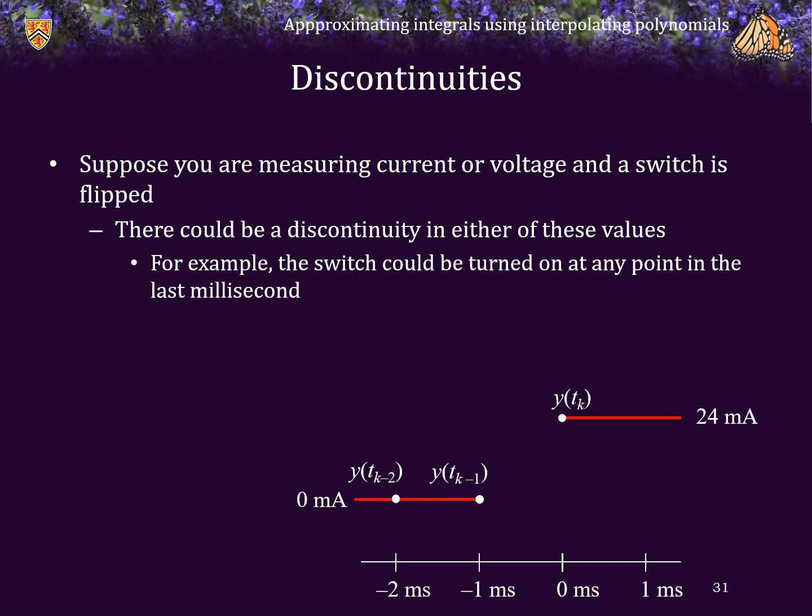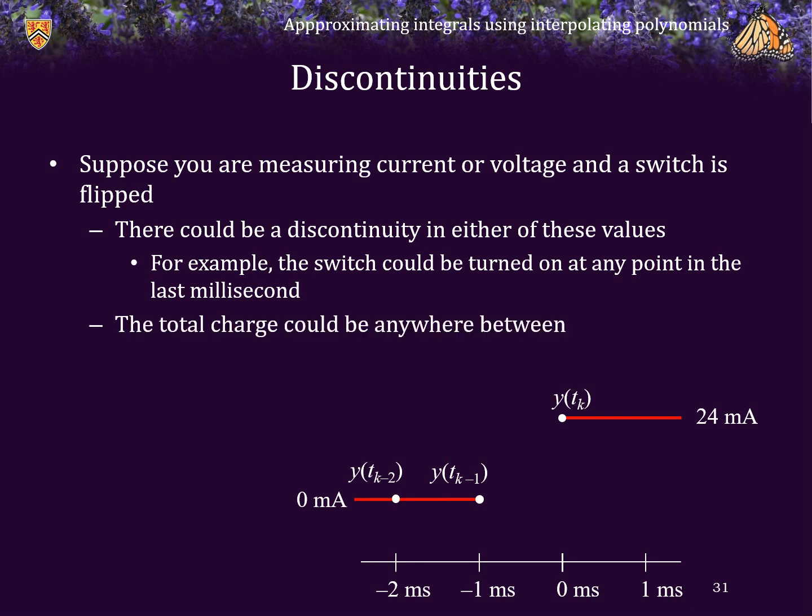So for example, here we have a situation where the current is 0 milliamps initially, but sometime in the last millisecond a switch was flipped and we've jumped from 0 milliamps to 24 milliamps. Now, what is the integral of this current over this subinterval?